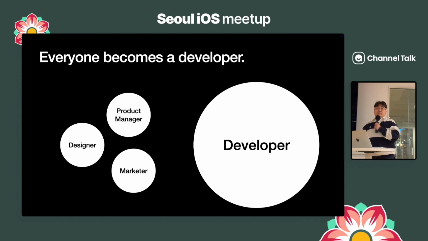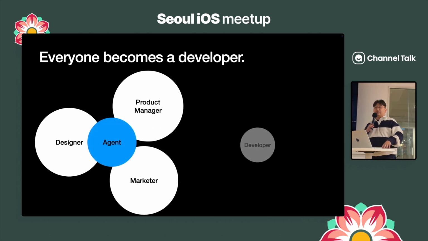How about other domains? Product manager, designer, marketer. Many people said that with agents they will be smarter, and the developers will disappear.